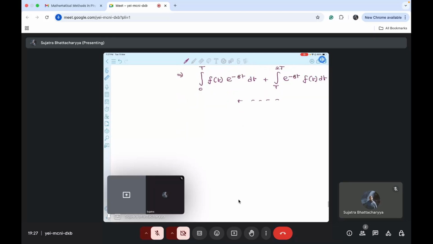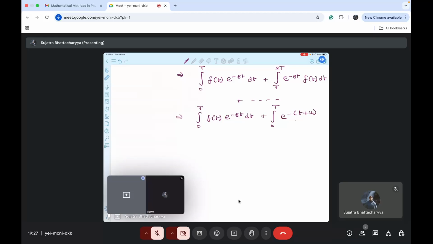Okay. Now in the next step, we'll write the integral from 0 to T of f of t e to the power minus st dt as it is, plus the integral from 0 to T with the same e to the power minus s, only this t now becomes t plus u.